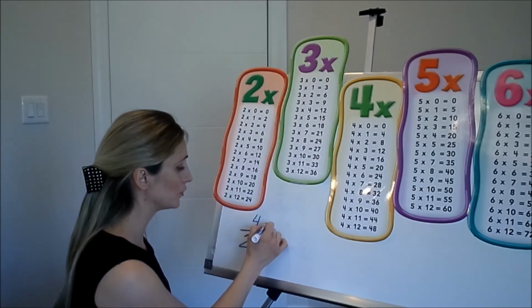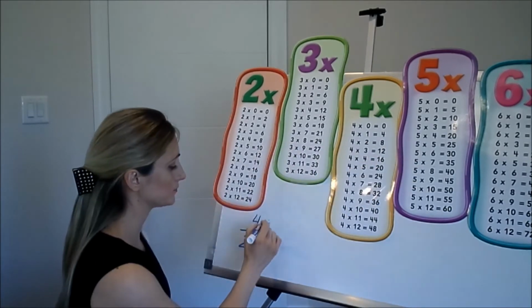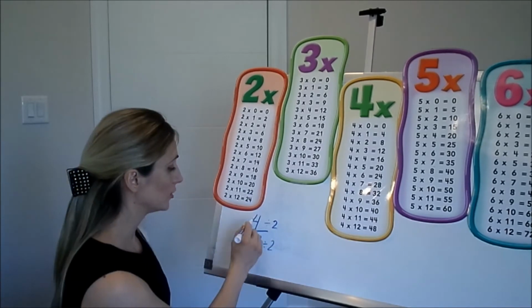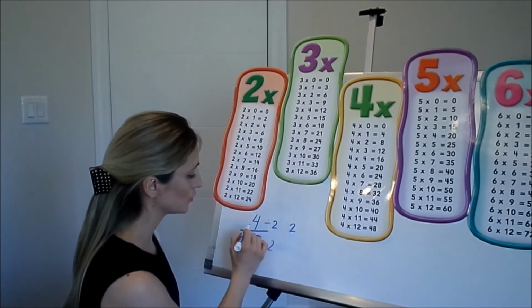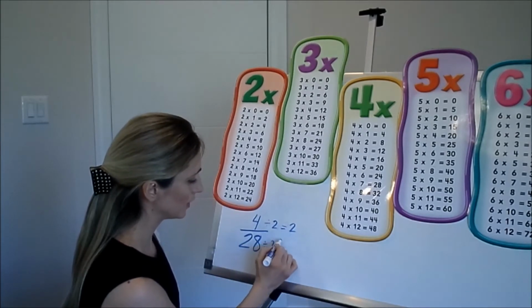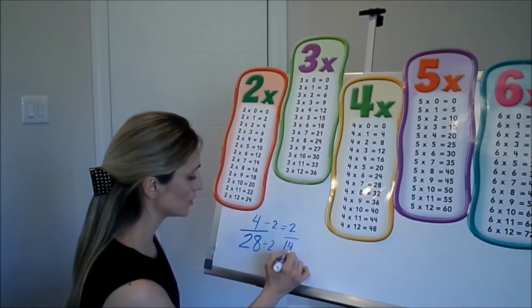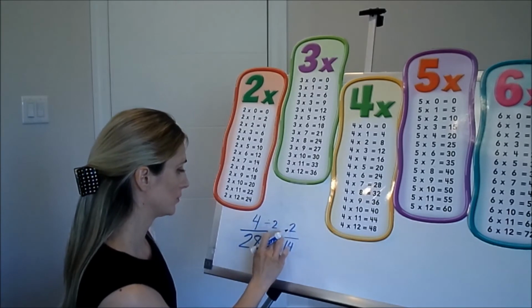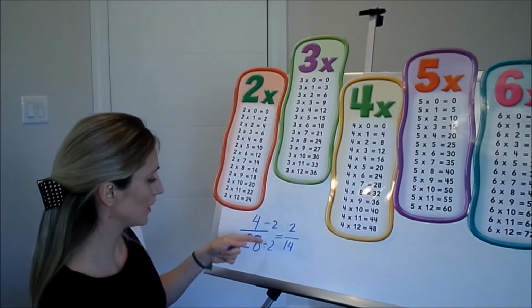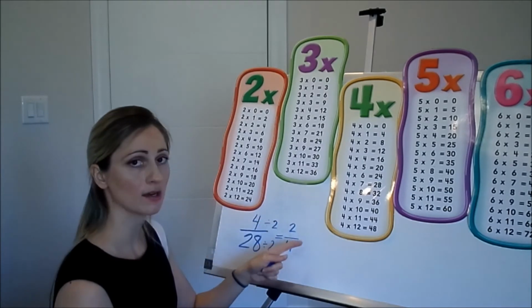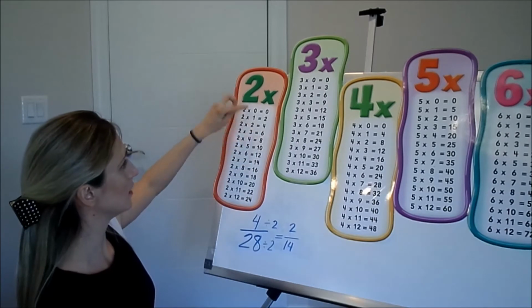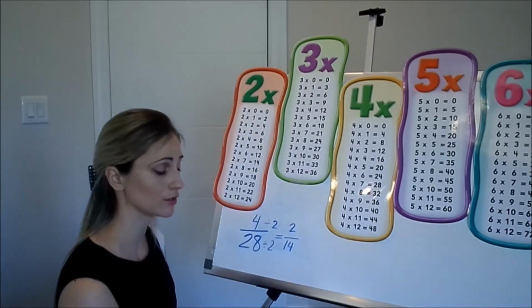So you'll have to work more. Remember how I told you, if you don't find the biggest train and divide by one that's not big enough, you'll have to do double the work. So 4 divided by 2 equals 2, and 28 divided by 2 equals 14. Let me put this here. 4/28 divided by 2 is 2/14, but then you have to divide again because 2 and 14 are still on the 2 multiplication train.